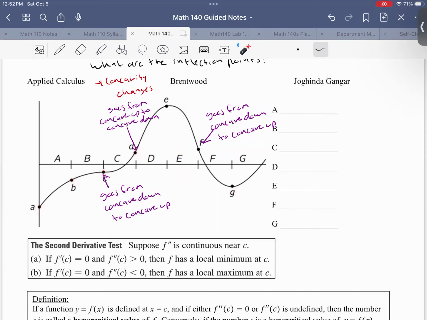So are these points of inflection? Here you would say no, no, yes, yes, no, yes, and no. Because at C we have a point of inflection, at D we have a point of inflection, and at F we have a point of inflection. So C, D, and F.